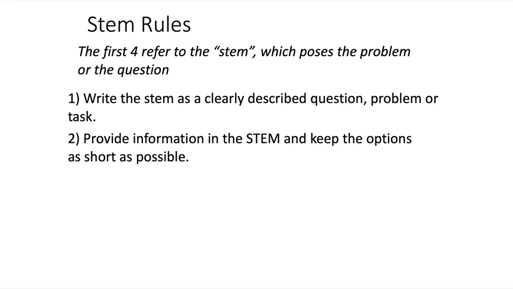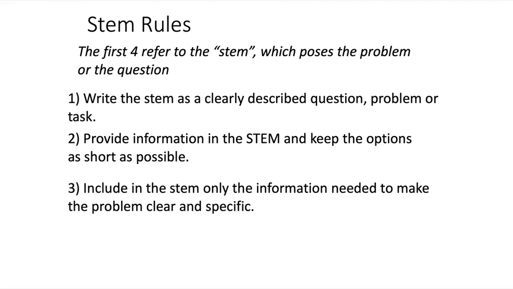And I will show you an example of that later on. But what we're trying to do is have all the information that the student needs in the stem, and then as they're considering their options, they can work their way quite easily through these shorter answers and keep everything in their working memory quite effectively.